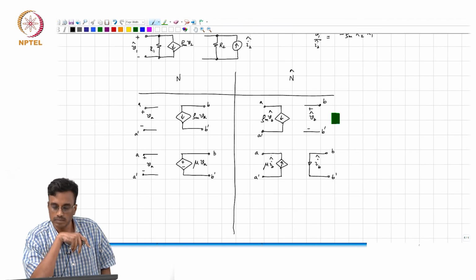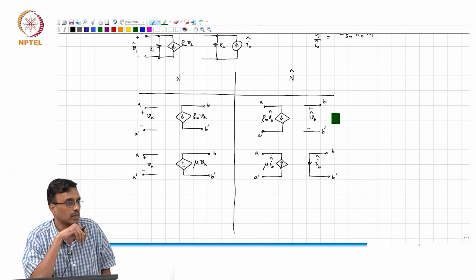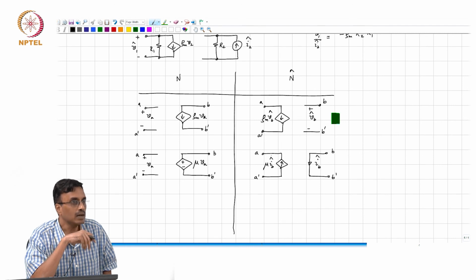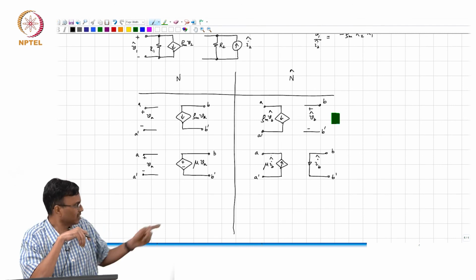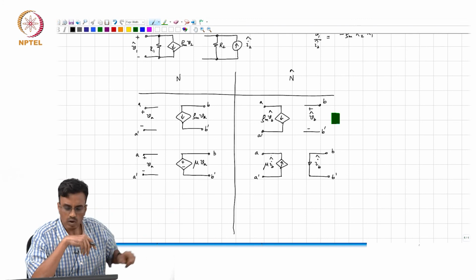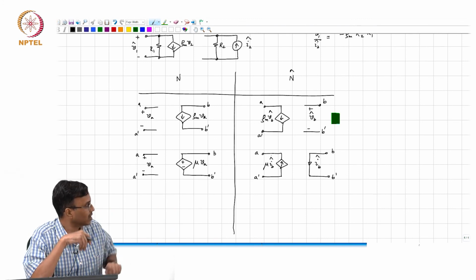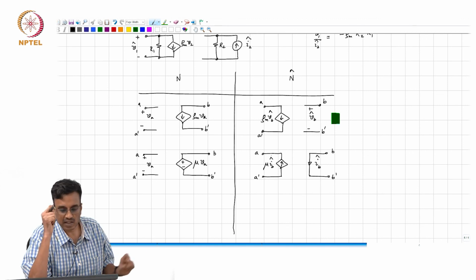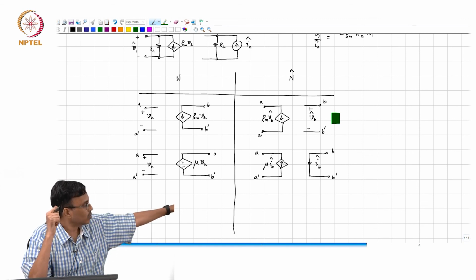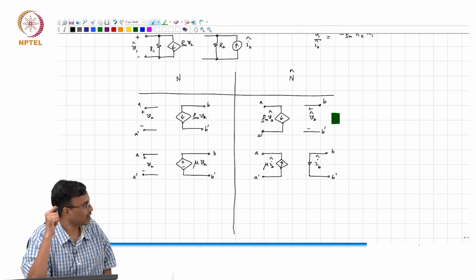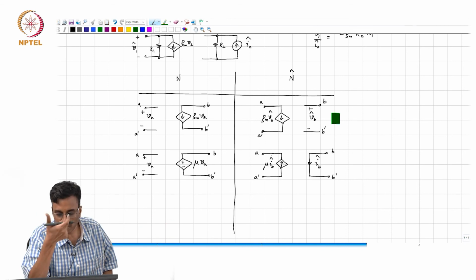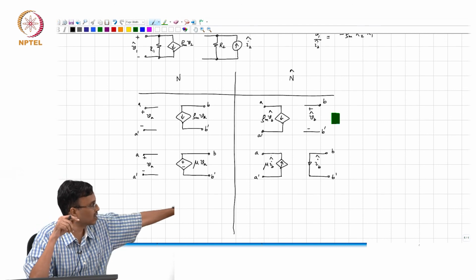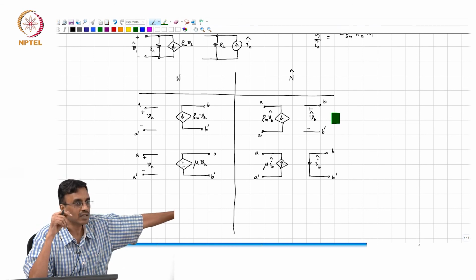Yeah, they work for every single value of mu. All I'm saying is that, especially when you have voltage controlled voltage sources and current controlled current sources, it's easy to forget which side needs what.